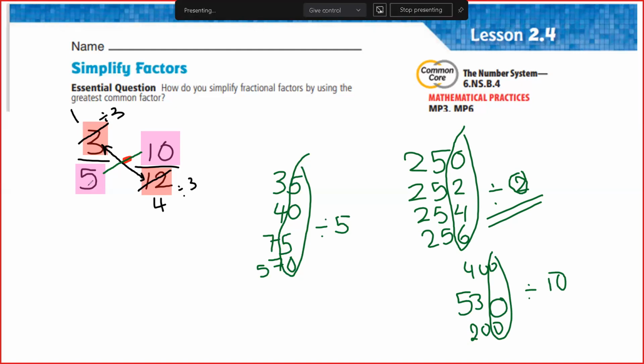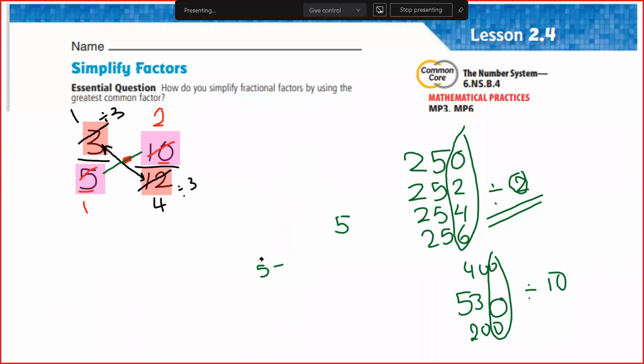So how can it help me? Let's go back here now. 5 and 10. I told you, if the last digit is 5 or 0, it means it can be divided by 5. So 5 divided by 5 is 1. 10 divided by 5 is 2.